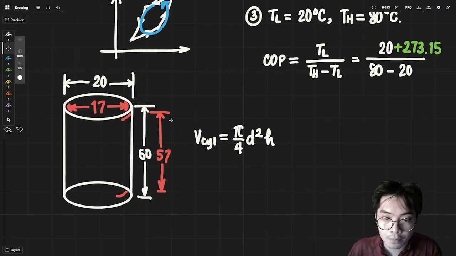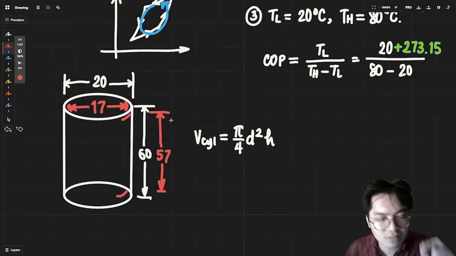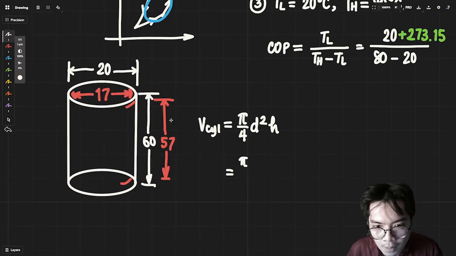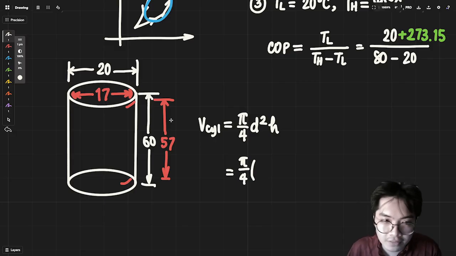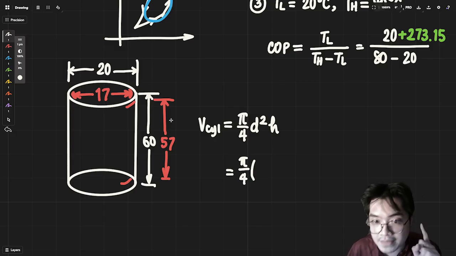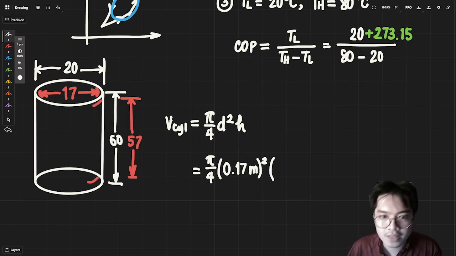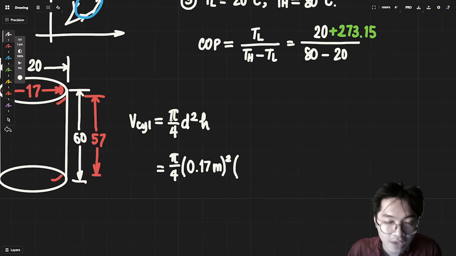Pi over 4, D squared natin would be 17 cm, or 0.17 meters squared. And then for height, instead of 57 centimeters, we do 0.57.